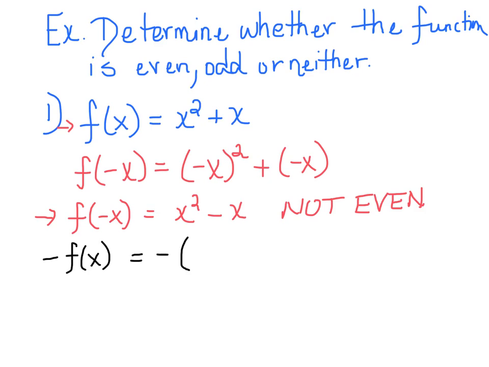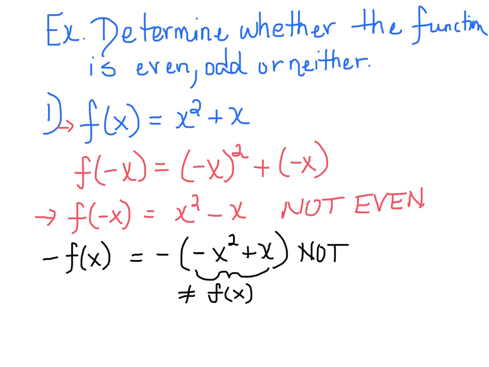So when we factor out a negative, signs change, so I'll have negative times x squared plus x. The question is, is the part inside of the parentheses f of x? The answer is no. This is not f of x inside of the parentheses. So therefore, this function is not odd either. So our answer for this problem is neither.